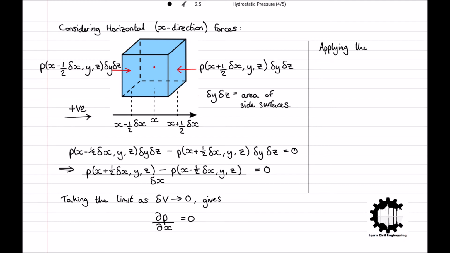And it is straightforward to see that applying the same principle in the horizontal y direction gives the partial derivative of p divided by the partial derivative of y is equal to 0. Similarly to the equation before, the limit of delta V tending to 0 simply means that these two equations are also valid at all points within the fluid.